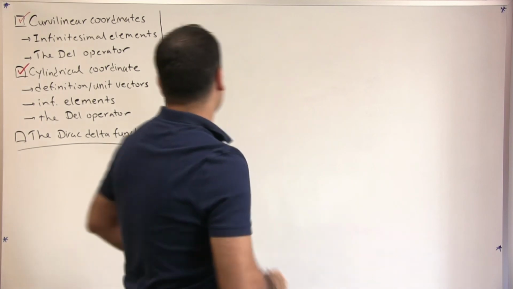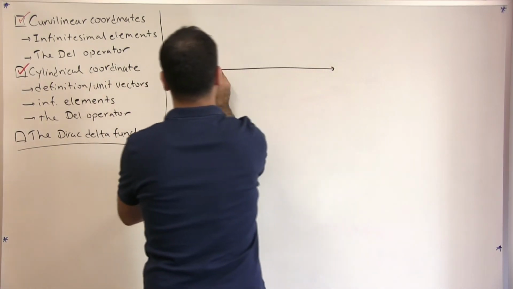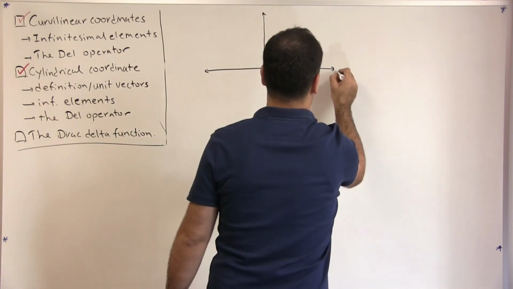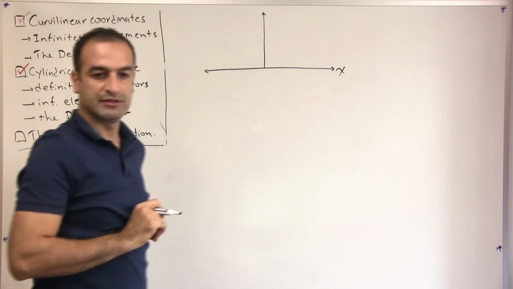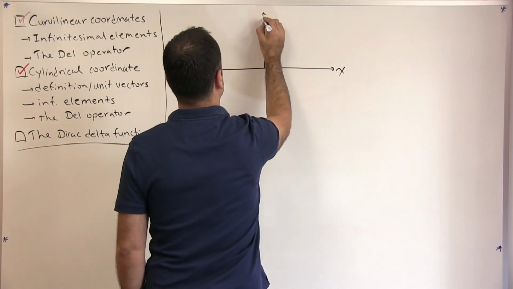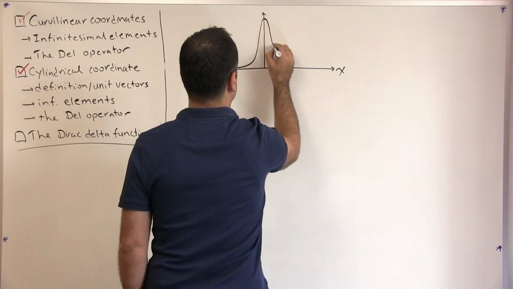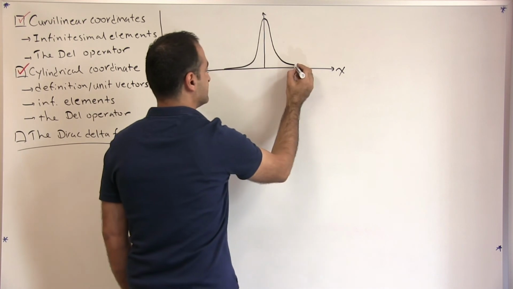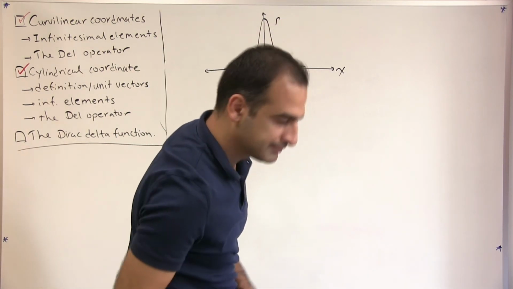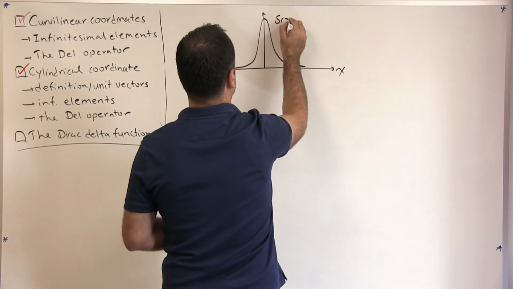Okay, so imagine something like this. Imagine a function, a one-dimensional function for now, and that has a peak. Let's just call it delta x.